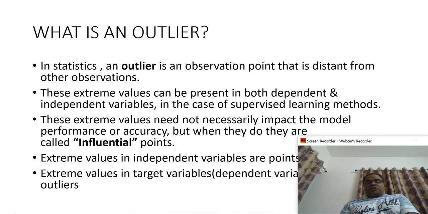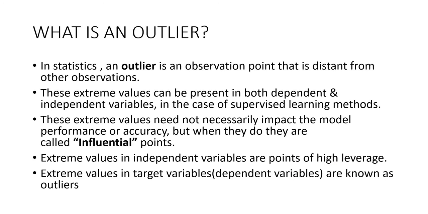So let me talk about what an outlier is. In statistics, an outlier is an observation point that is distant from other observations. For example, you have some points like 21, 22, 25, 26, 29.